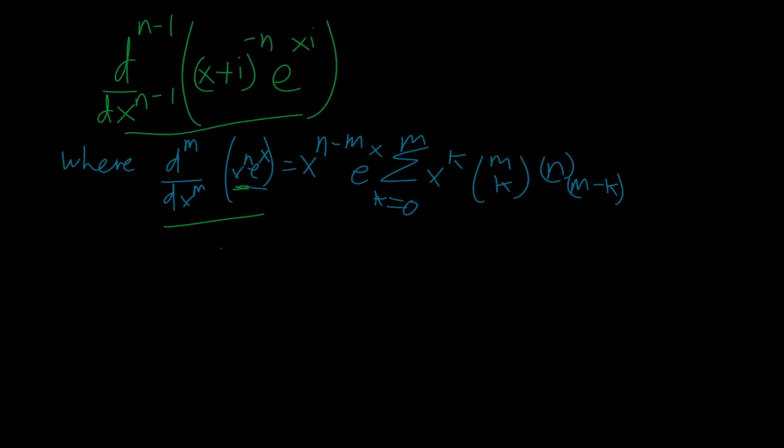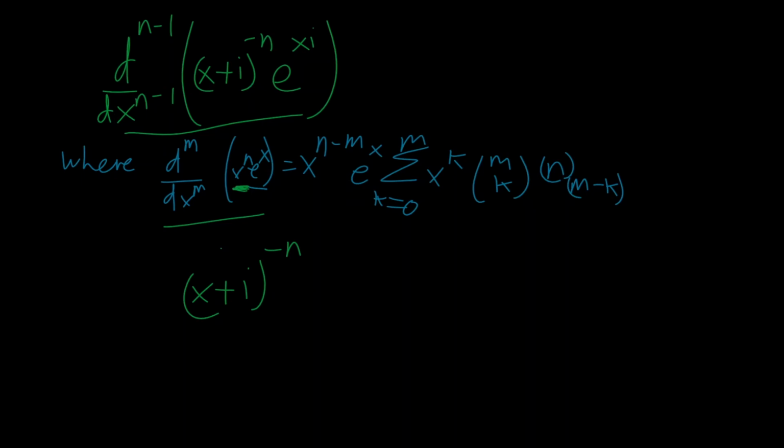And then the second thing is that there is no extra coefficient in front of the x. So there is no additional chain rule going on here. The derivative of x plus i is the same as the derivative of just x. They're both 1. That means that we can just insert this x plus i to the minus n into our formula with no issue.